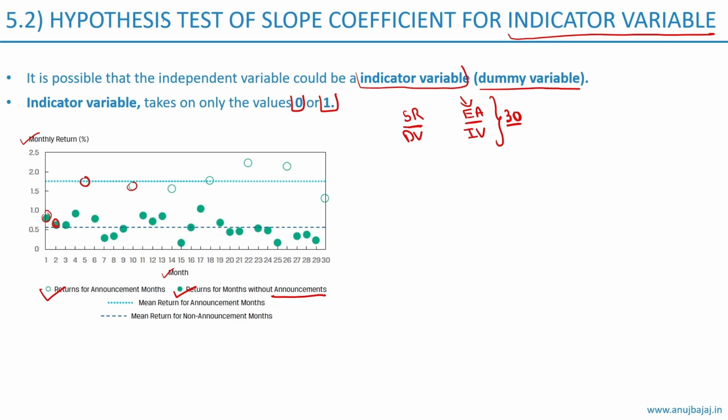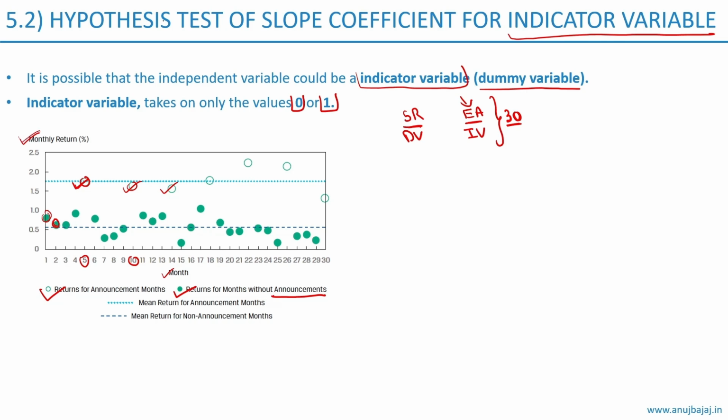So by visually looking at the scatter plot, we can see that whenever earnings announcements were made, in that month the stock return has increased significantly. In the 5th month, in the 10th month and so on, when earnings announcements were made, the stock returns are significantly above the remaining data points. So we can say that there is some relationship between earnings announcement and the stock's monthly return.